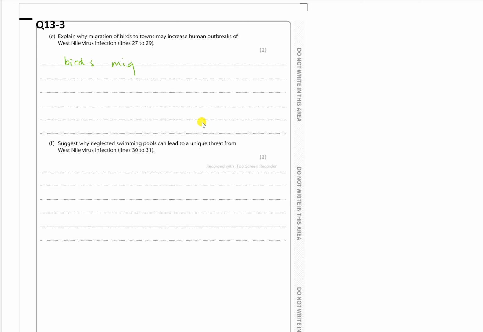Birds that migrate may have the virus, and then the mosquitoes feed on the birds, passing on the virus.